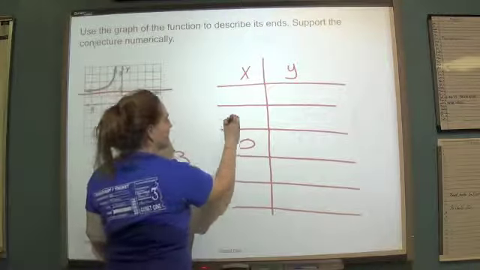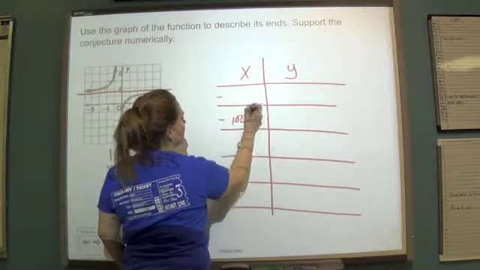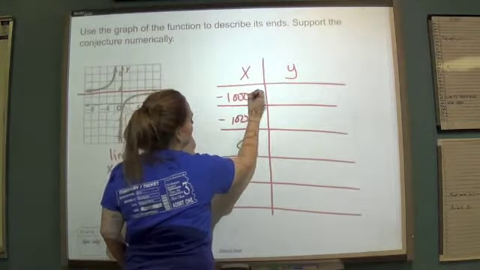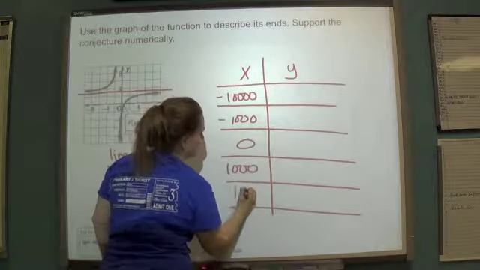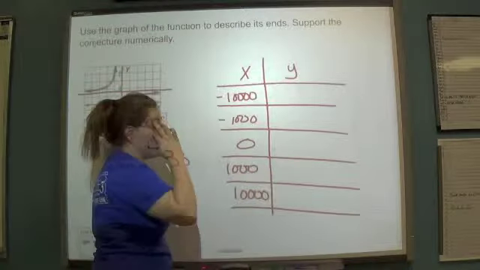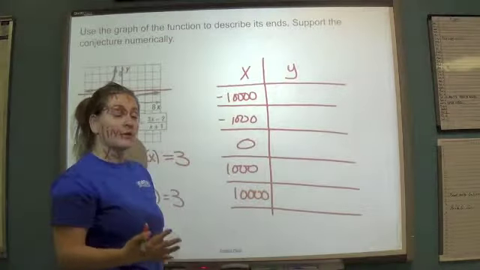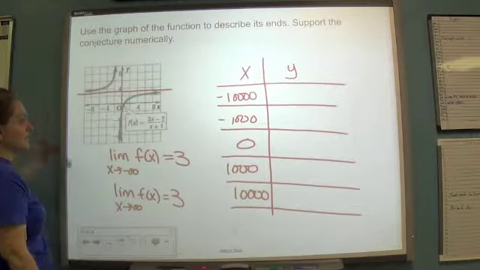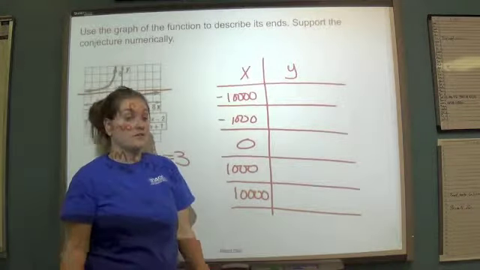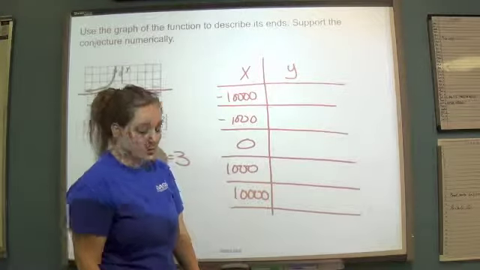Then I'm going to do negative 10,000, negative 1,000, 1,000, and 10,000. I'm just picking numbers, because everybody wonders where those numbers come from. If I'm going that way, obviously I'm going to hit negative 10,000. If you want to put negative million in, go for it. It's just a really big number.